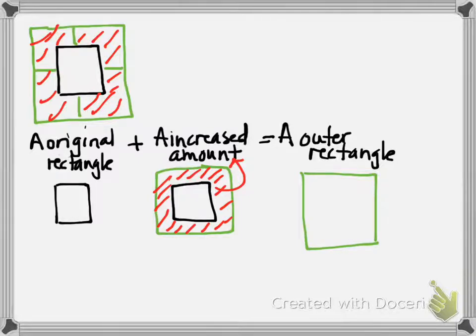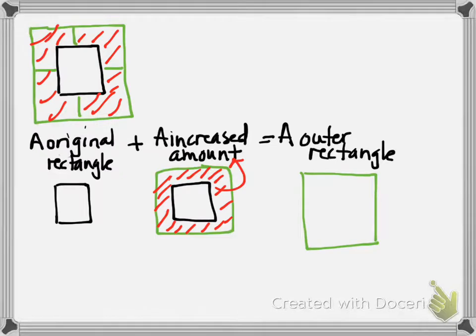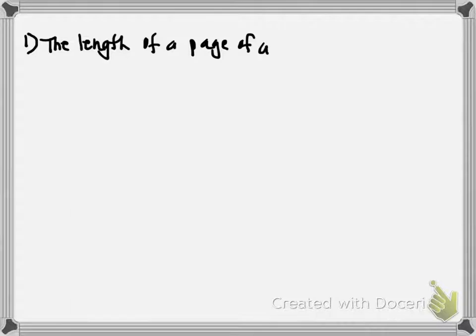So let's go ahead and look at our first problem. The directions are just going to tell us to solve. It says the length of a page of a book is 2 centimeters greater than the width of the page.